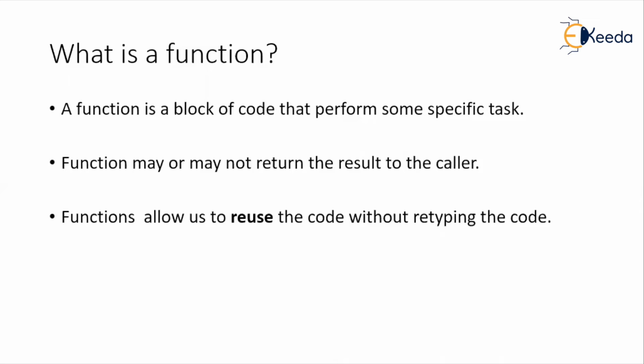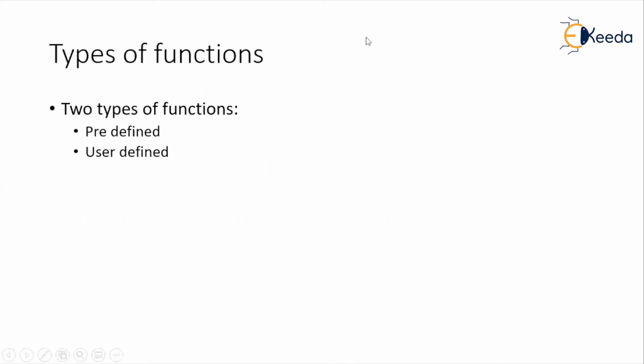Now the function which I am going to write may or may not return the result to the caller. Obviously we will see all sorts of functions which we can implement in a Java application. What are types of functions? Predefined and user defined. Predefined means what?